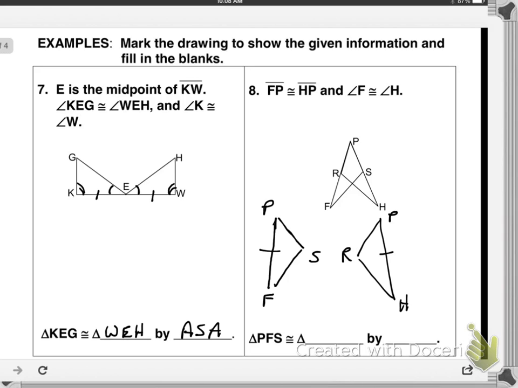And angle F and angle H, excuse me, are congruent. Well, that doesn't prove anything except this P is a common angle for both of them. So that angle, since it's the same in both triangles, has to be congruent. And so we know that triangle PFS is congruent to triangle PHR, and it's congruent again by angle, side, angle.